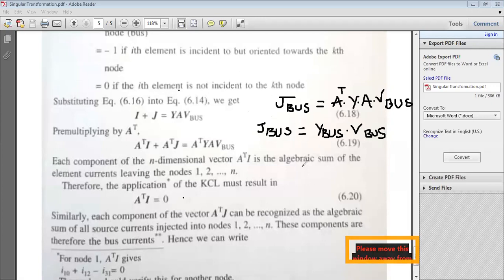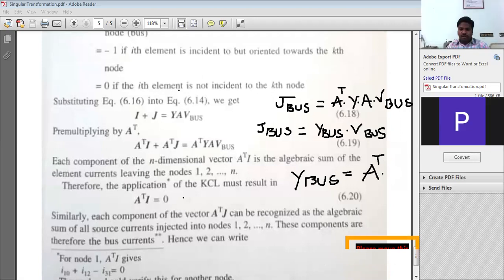Now, what is Y bus? I am considering Y bus as A transpose Y A. This is the important formula. In order to explain how this formula comes from the expressions, I have explained all these formulas.